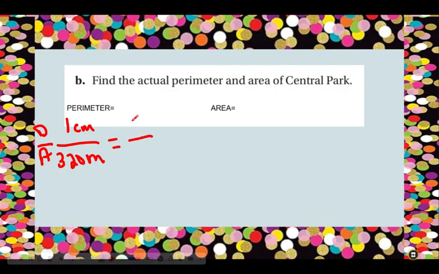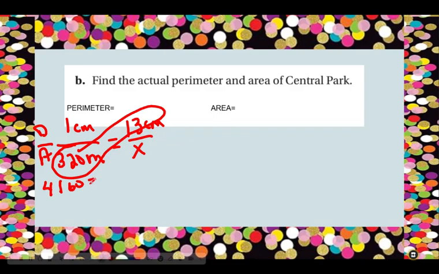We measured the length to be 13 centimeters and we want to find the actual. So 13 times 320 gives 4,160. That gives me my length.